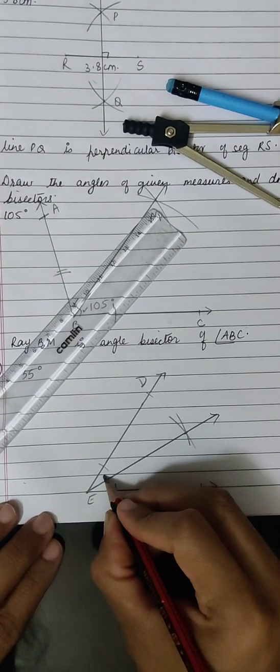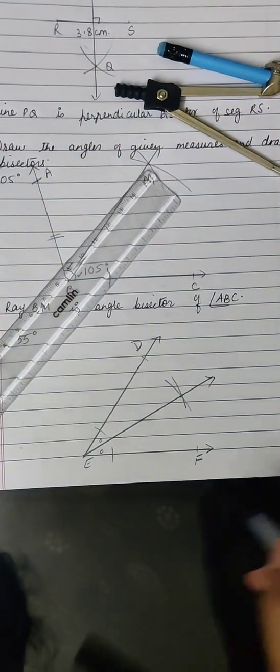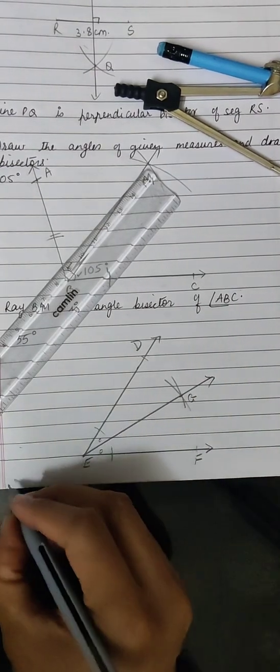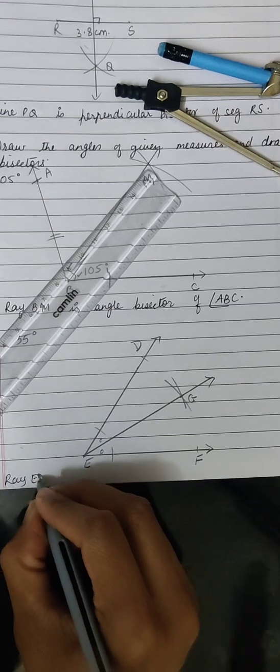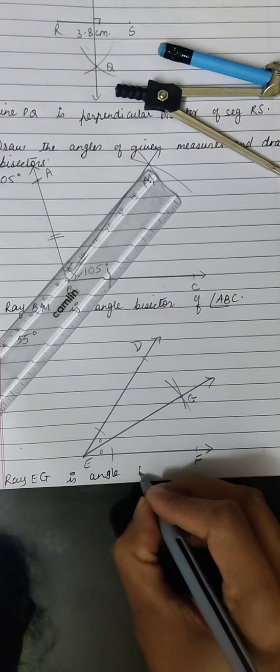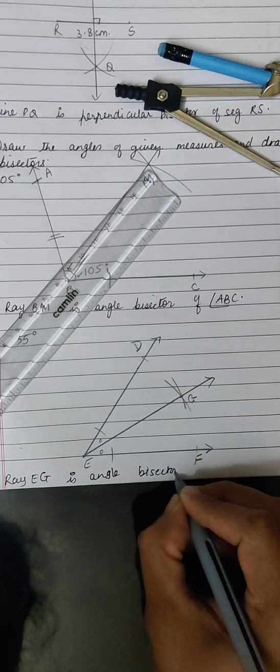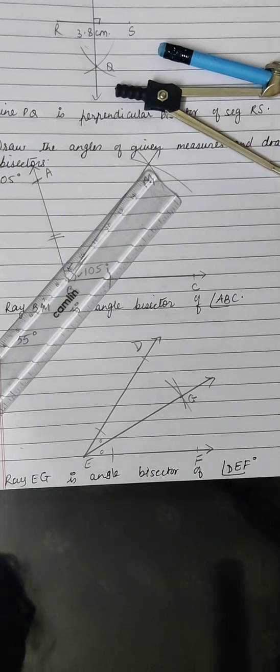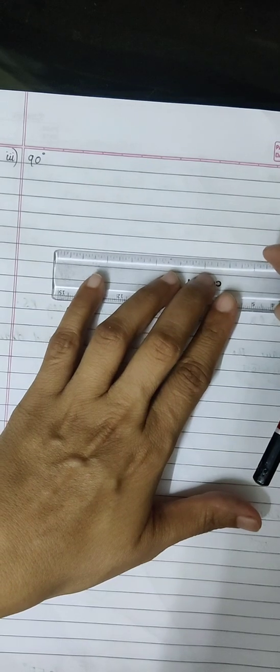So this is the bisector of angle DEF. I am naming the ray as G. So ray EG is the angle bisector of angle DEF.